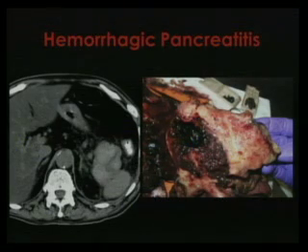They saw that the splenic flexure of the colon was probably invaded, so they resected the splenic flexure of the colon, and the pathology came positive. I'm sorry, negative. It showed just hemorrhagic pancreatitis. But the bad part of the story is the patient died due to postoperative complications.